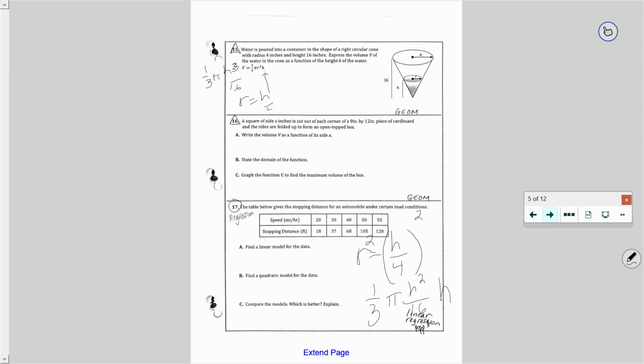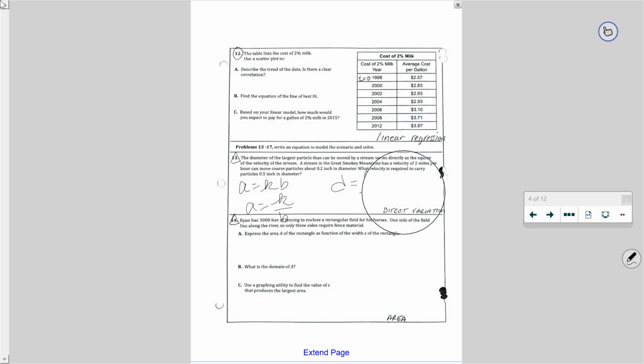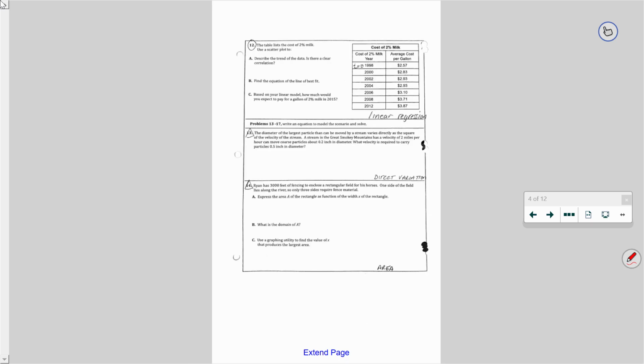Okay, back to 13. 13 is really the only one that I don't think was like a formula that you would definitely know and plug into, right? So 13 is a direct variation problem. So we really have 2 types of, actually 3 types of variation problems that you can have. We have a direct variation versus an inverse or indirect variation.